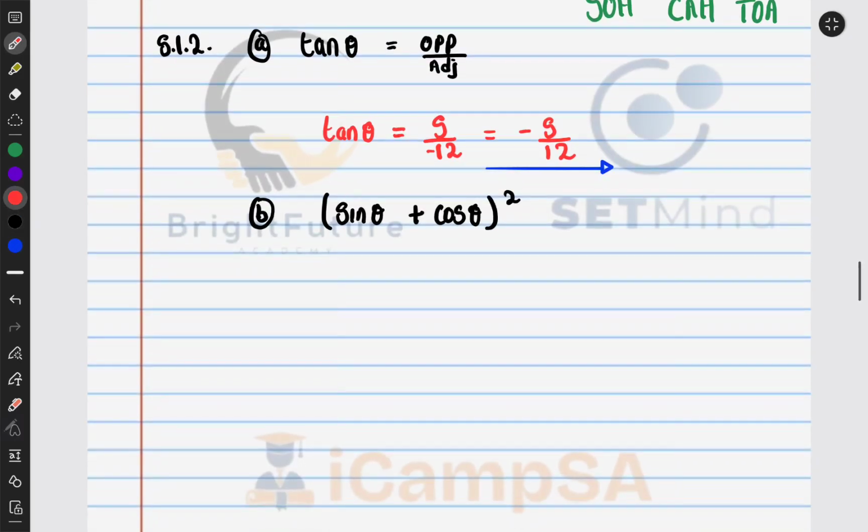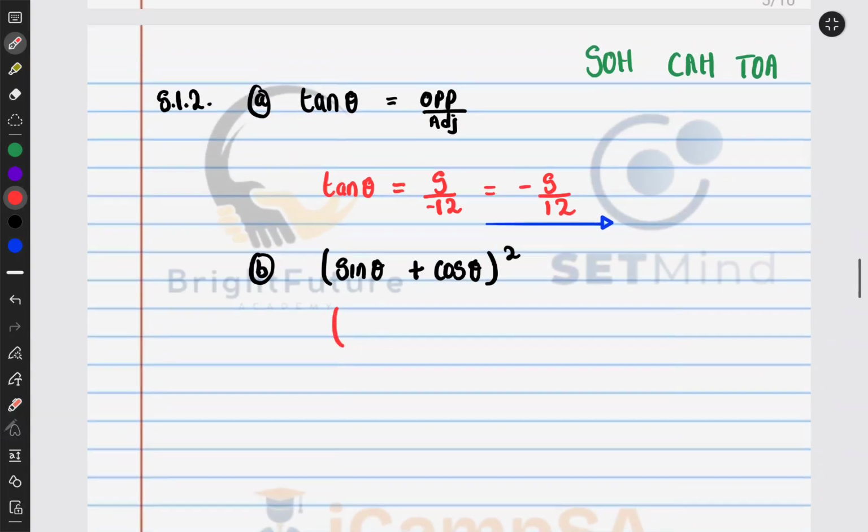What is sine theta? Sine theta is opposite over the hypotenuse. Let's start by writing that, reminding ourselves. Plus cos theta is what? It is adjacent over hypotenuse, squared.